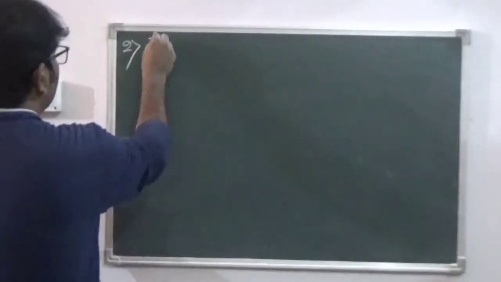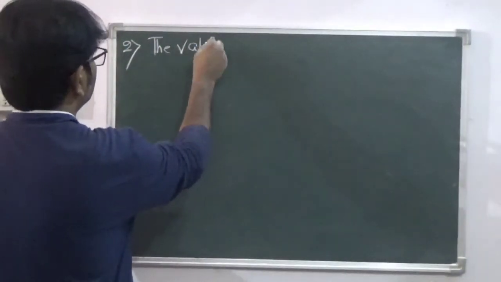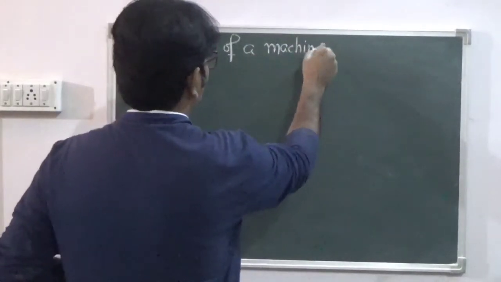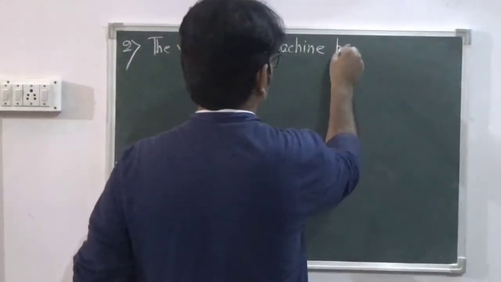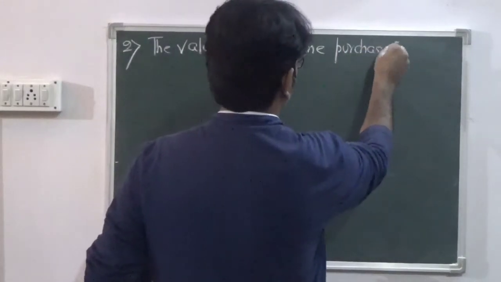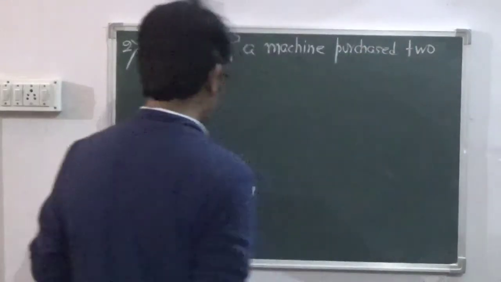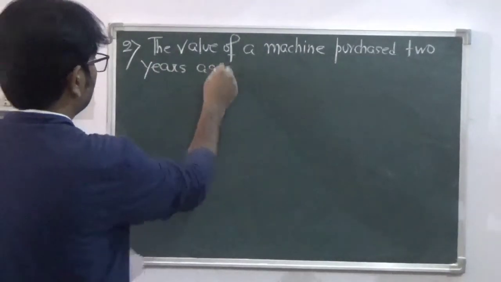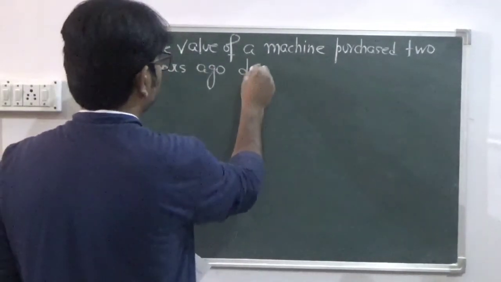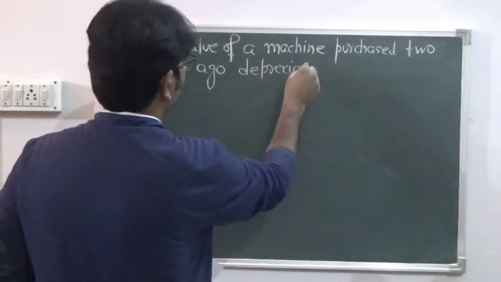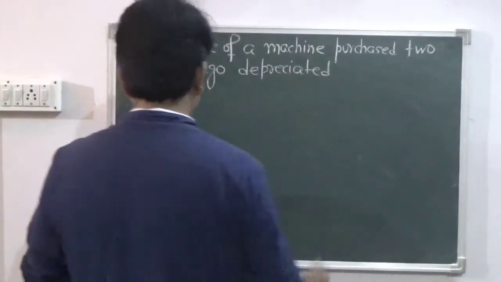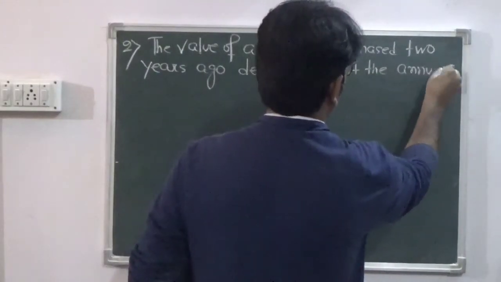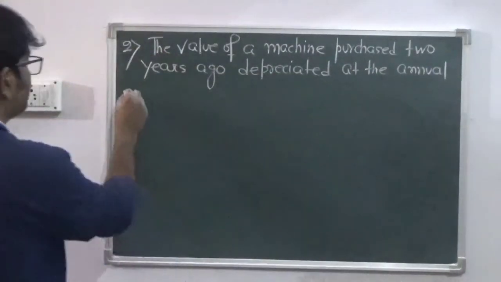Question number 2. The value of a machine purchased two years ago depreciated at the annual rate of 10%.